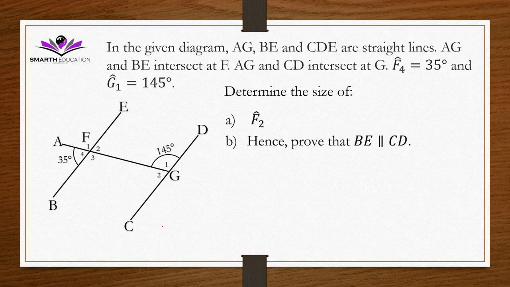And then this is another question. I want you to try this question. In the diagram, HG, BE, and CD are straight lines. And then HG and BE intersect at F, AG and BE intersect at F, and then AG and CD intersect at G. Then angle F4 is 35 degrees and angle G1 is 145 degrees.